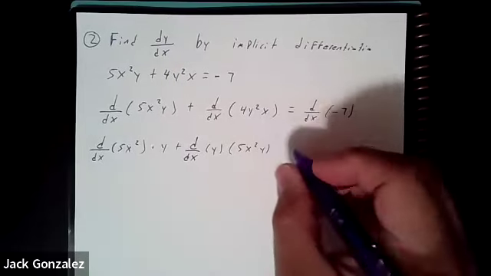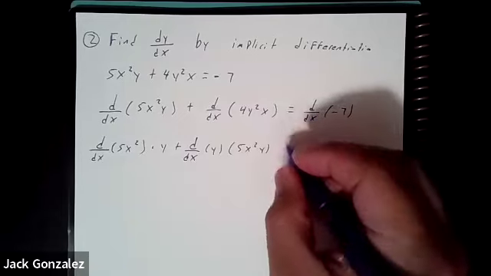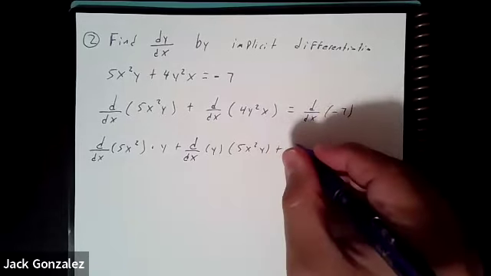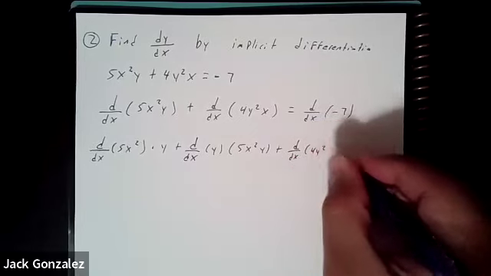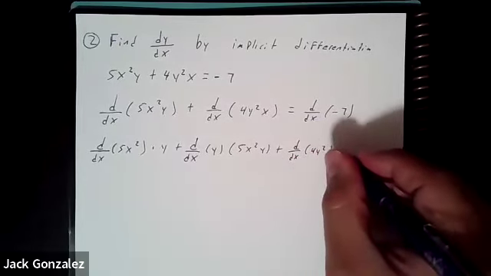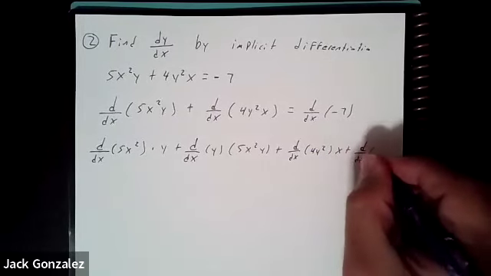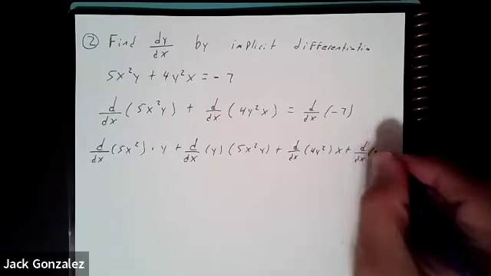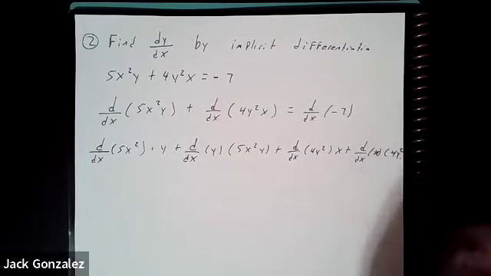Then this part will be the same, but I'm out of space. 4y squared, first piece times the second, plus du dx of x times 4y squared.